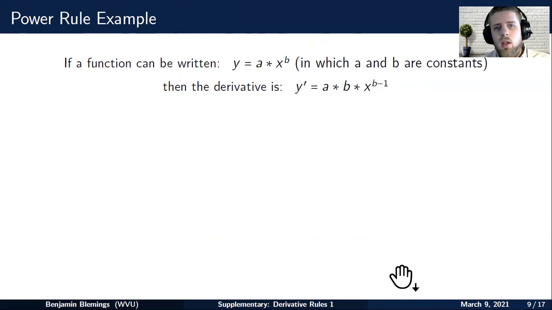All right, so if a function can be written y equals a times x to the b power, in which a and b are constants, then we know the derivative is just a times b times x to the b minus 1. This is what you did in the last function.